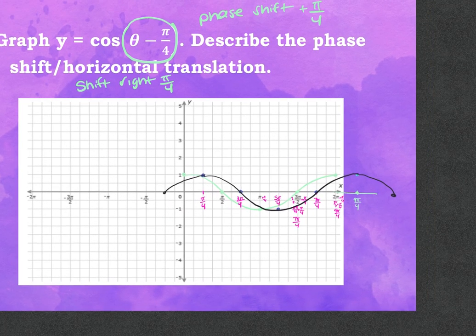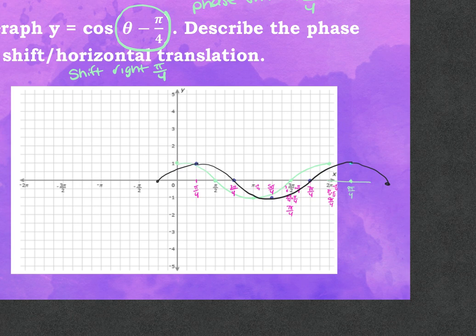The other thing you can do is take your original graph. So if I was just doing an approximation, I'm going to erase this off again. My graph would have been 1. We said we would start at 0, 1, pi over 2, pi, 3 pi over 2, and 2 pi. And then I would take and shift everything over pi over 4.